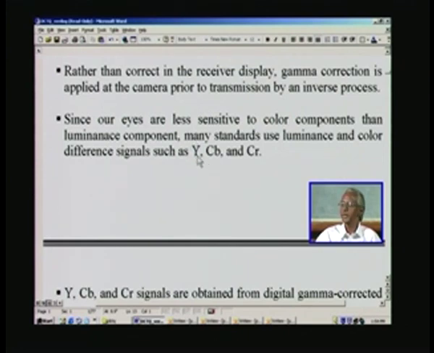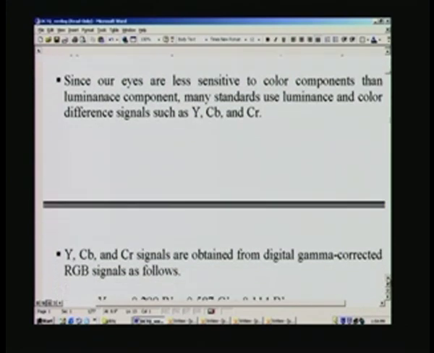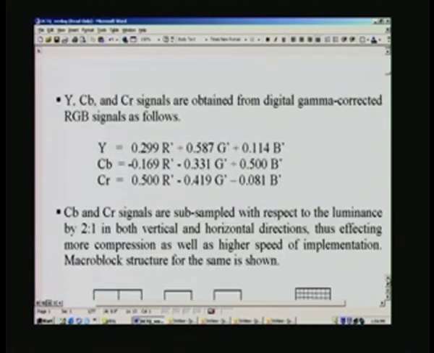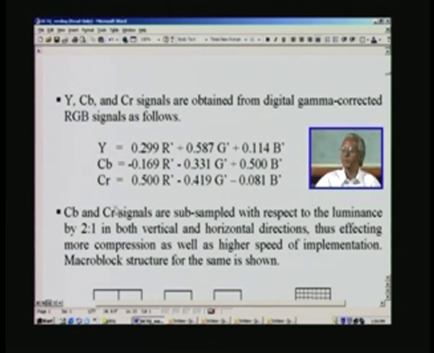The reason is that Y, CB, CR are governed by these expressions here, which are derived from gamma corrected RGB, and gamma correction is indicated with a prime here. These are all the expressions that we need to conform to, and the standards, from JPEG through MPEG-2 and even beyond, all demand the use of the YCbCr format.